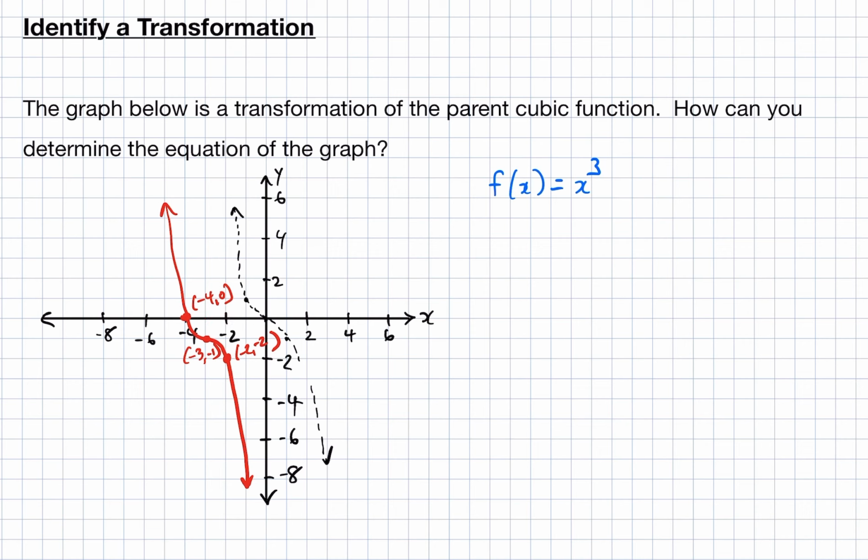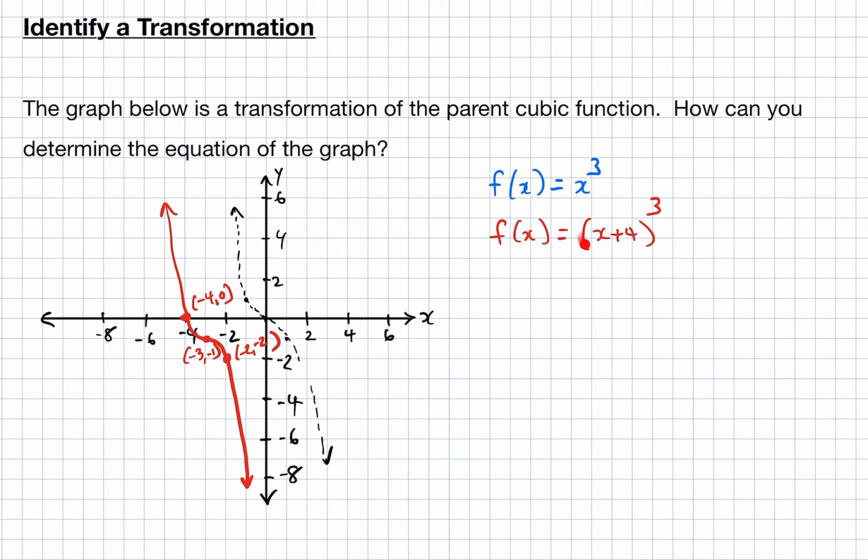So then the equation of the transformed function is going to be f of x is equal to the quantity x plus 4 cubed. It's plus 4 because it's going to the left 4 intervals.